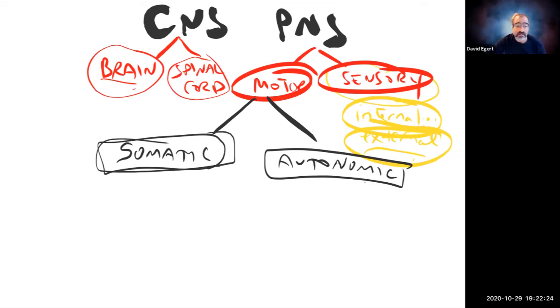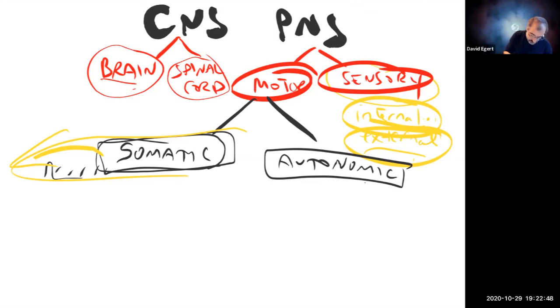This is the one that has the neuromuscular junctions, releasing acetylcholine at nicotinic receptors at the neuromuscular junction on skeletal muscles to make them twitch. If you keep sending messages down, you go into tetanus. So this is the tie-in to everything we've been talking about today about skeletal muscle. Autonomic is further subdivided.